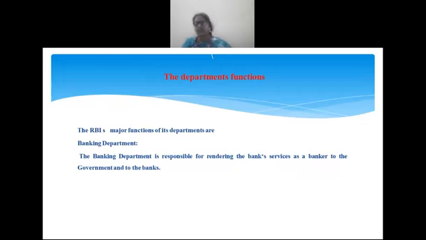You will have the examination questions. In case it is a subjective type of question, what are the various banking functions? Banking functions are normally accepting deposits and lending money as loans, accepting deposits at a lesser interest and lending the money at a higher interest. The variation in the rate of interest is their profit.